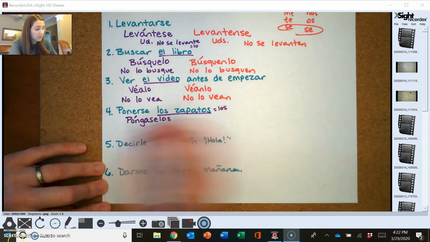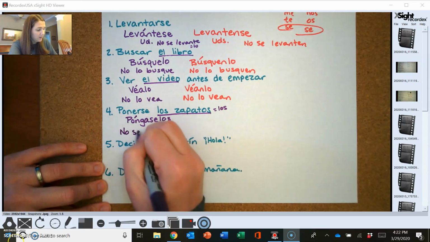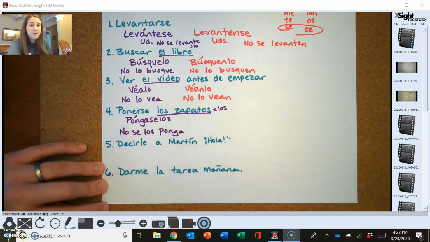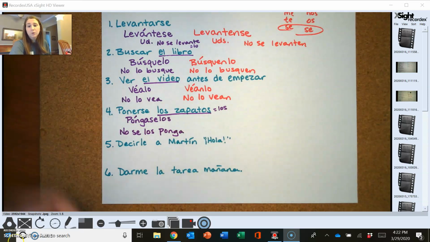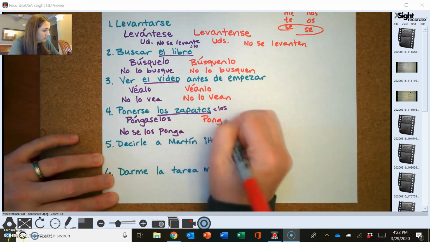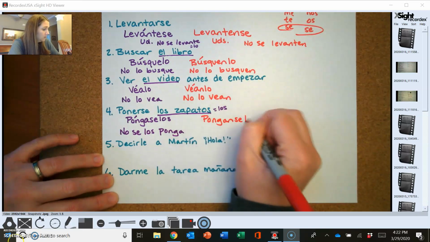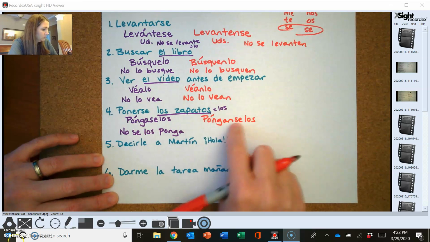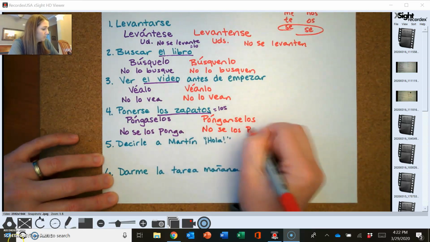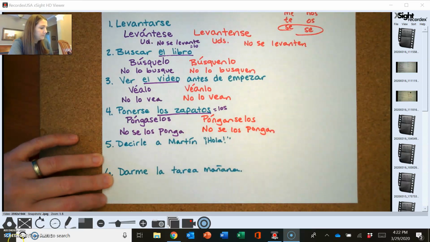Póngaselos. Or to make it a negative command, no se los ponga. Alright, and then if I'm telling y'all, all of you students, to put on your shoes, then it's going to be pónganselos, still counting back 1, 2, 3, 4 to my accent, or no se los pongan for your negatives.